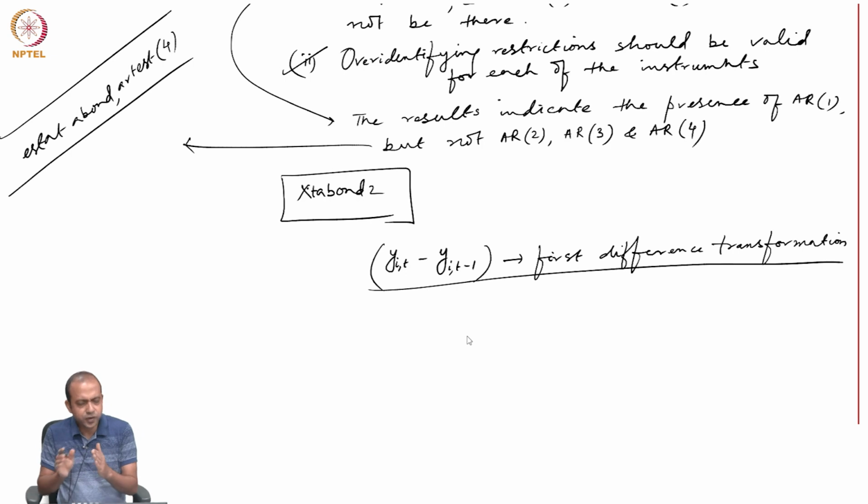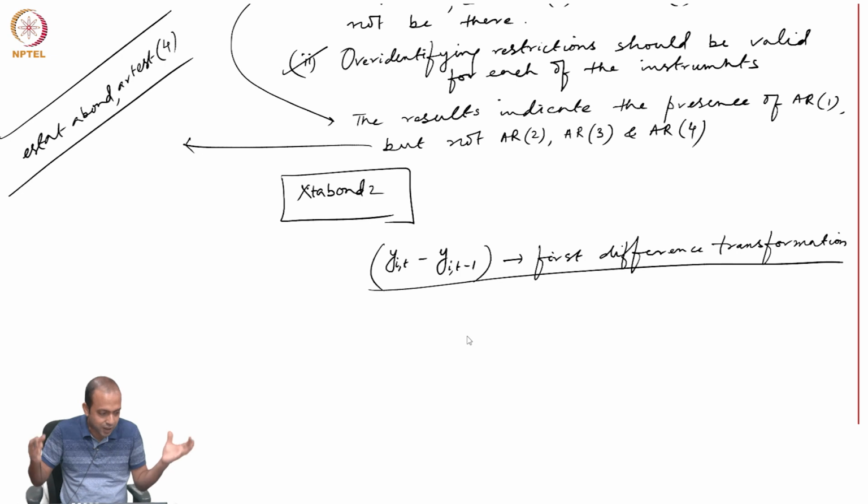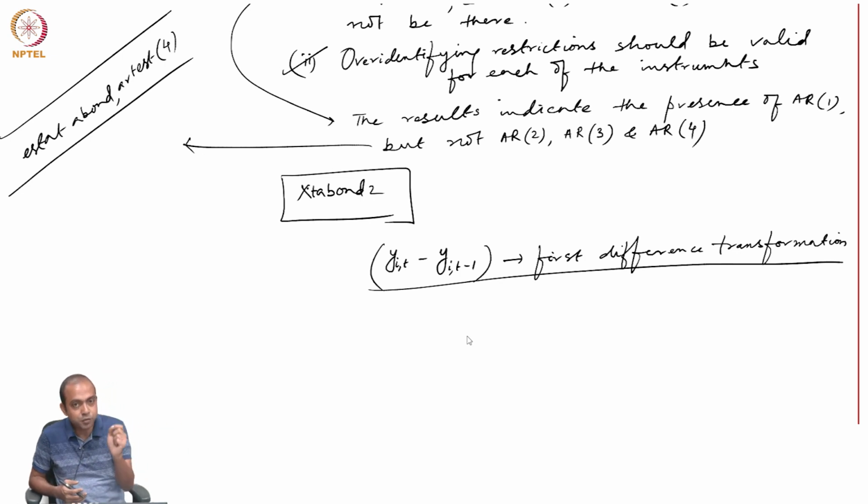Now, this first difference transformation has a serious drawback. What is that? If any of the y_it is missing, then it magnifies the gap in an unbalanced panel. Unbalanced panel means some of your observations might be missing.